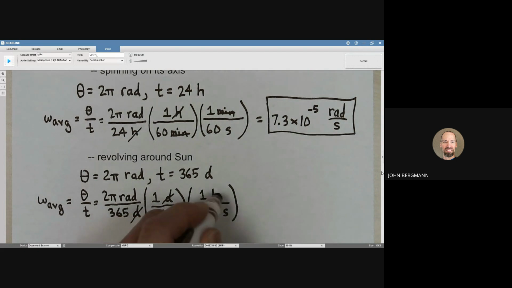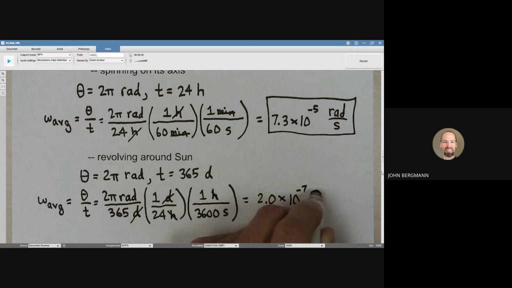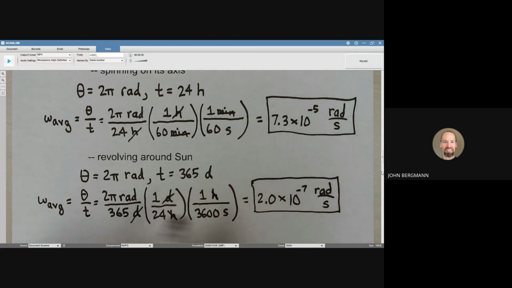The hour units cancel. This is going to give us a very tiny number to two significant figures, 2.0 times 10 to the negative 7th radians per second. As the Earth goes around the sun, the angular displacement changes by that many radians every second.